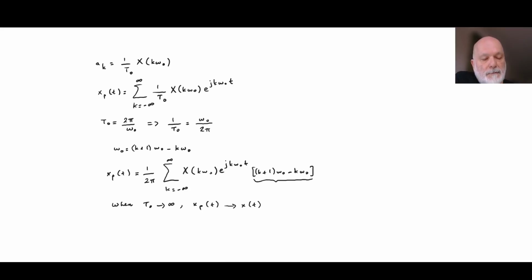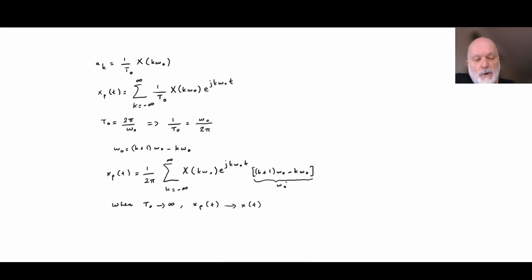This can be written as omega 0 as well, but it is in fact nothing but the frequency increment. The frequency increment delta omega will tend to the differential element d omega.